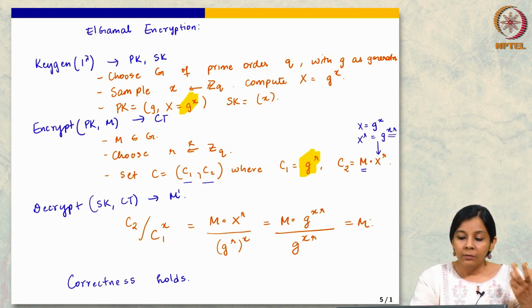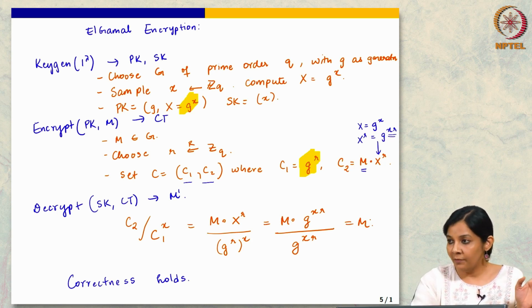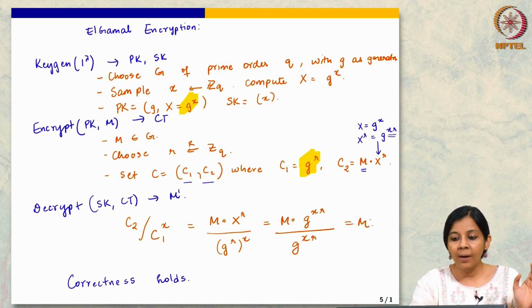So, armed with that intuition, you can see what I will choose my ciphertext to be. I will sample a random element r, I will compute g to the r, and I will compute g to the rx. I have my public key g to the x, I raise that to the r, that gives me g to the rx. By the DDH assumption, this should be indistinguishable from random, and I use this to mask my message.